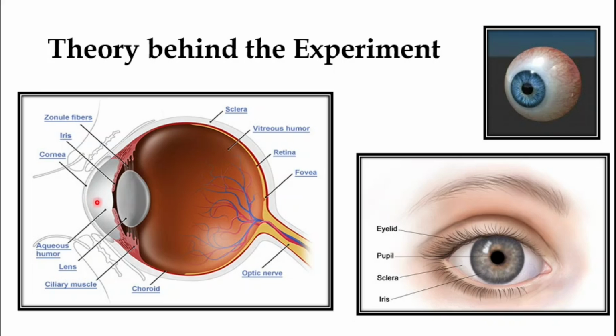So we have two spaces: one between the cornea and the iris, which is the anterior chamber, and a very small space between the iris and the lens, which is the posterior chamber. And this whole space is known as the vitreous chamber.